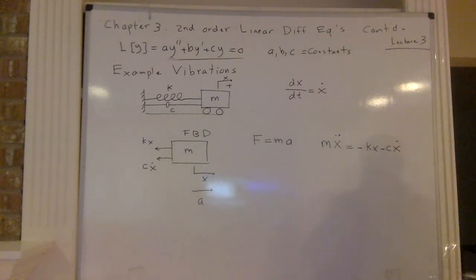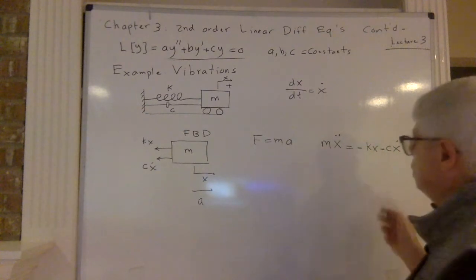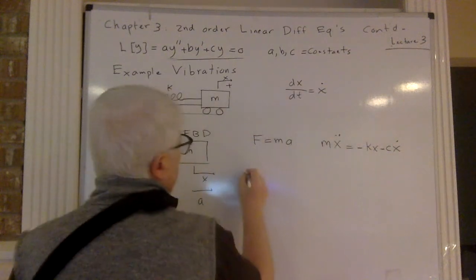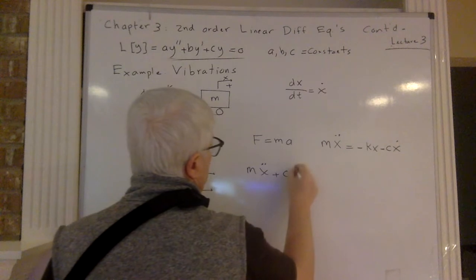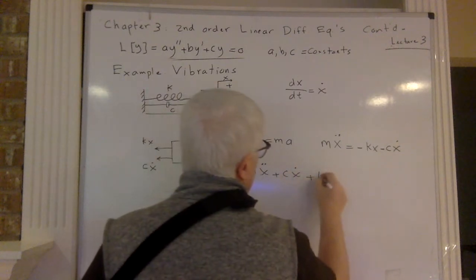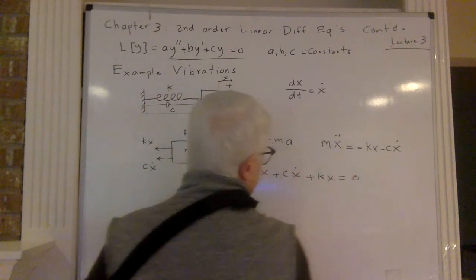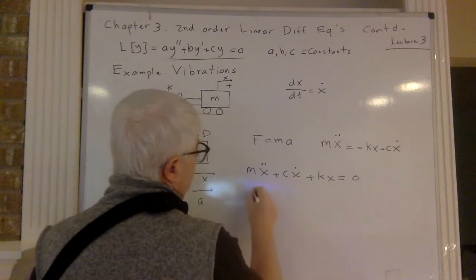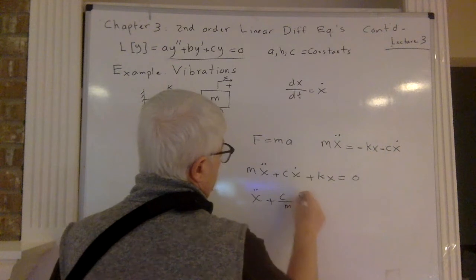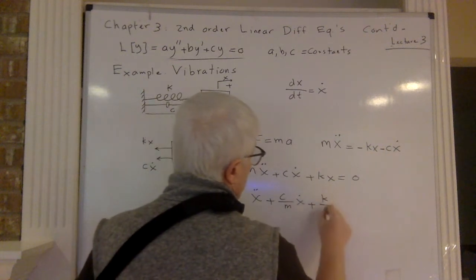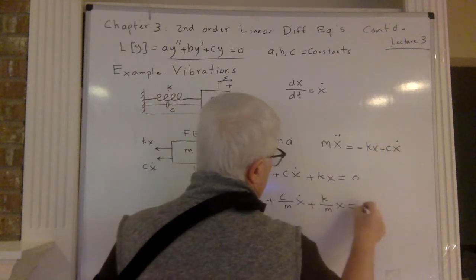So let's put them together, and on one side m x double dot plus c x dot plus kx is 0. If I divide by m, I have x double dot plus c over m x dot plus k over m x equals 0.